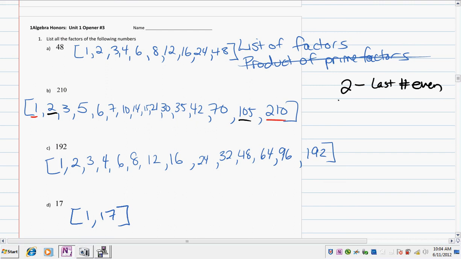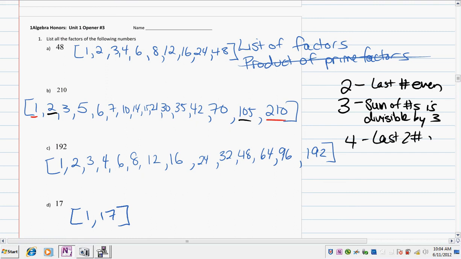It's divisible by 3 if the sum of the numbers is divisible by 3. 4 is if the last two numbers are divisible by 4. 5 is if it ends in a 0 or a 5. 6 uses the rules from 2 or 3, etc., etc. 10, you might know the rules. So there's ways of just checking this without having to type it repetitively into the calculator, and this starts to develop your number sense.